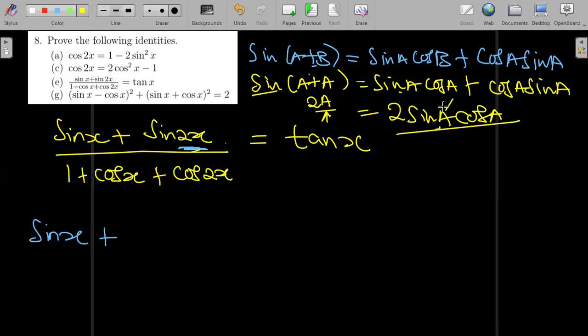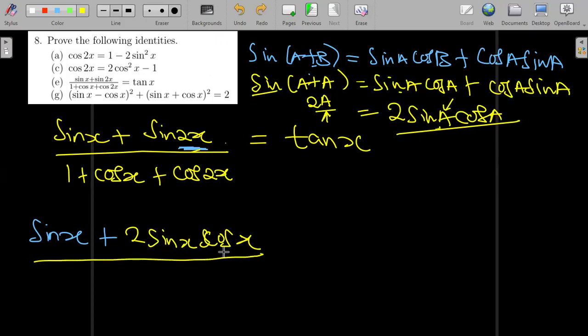But now, wherever there's A there, I'll put x. So it will be plus 2 sine x cos x. Then we divide this by 1 plus cos x plus, and now this one, we already established its identity, if you remember from that question on top.